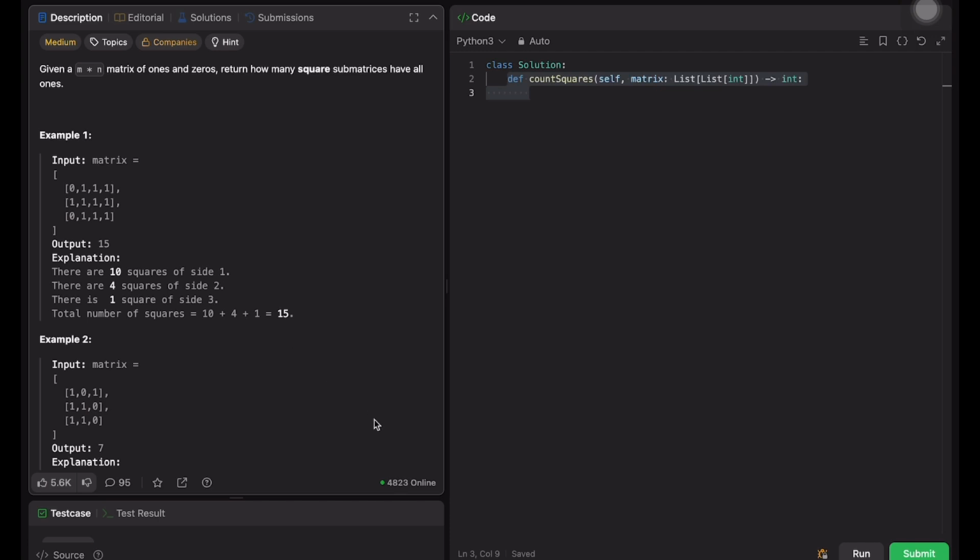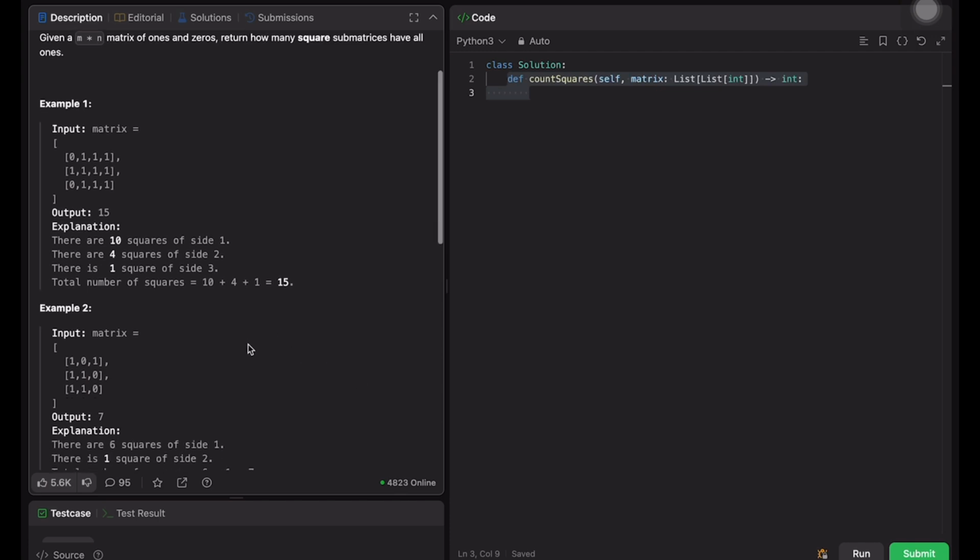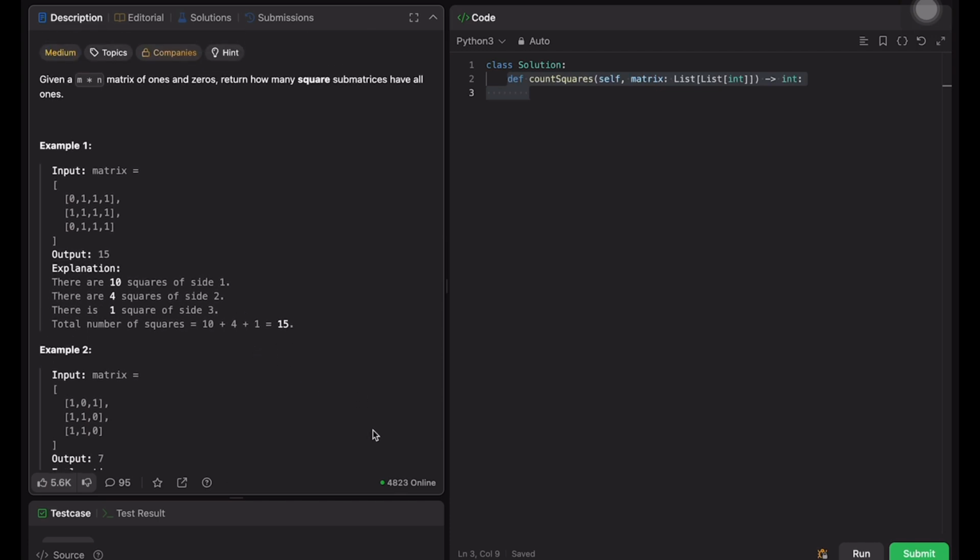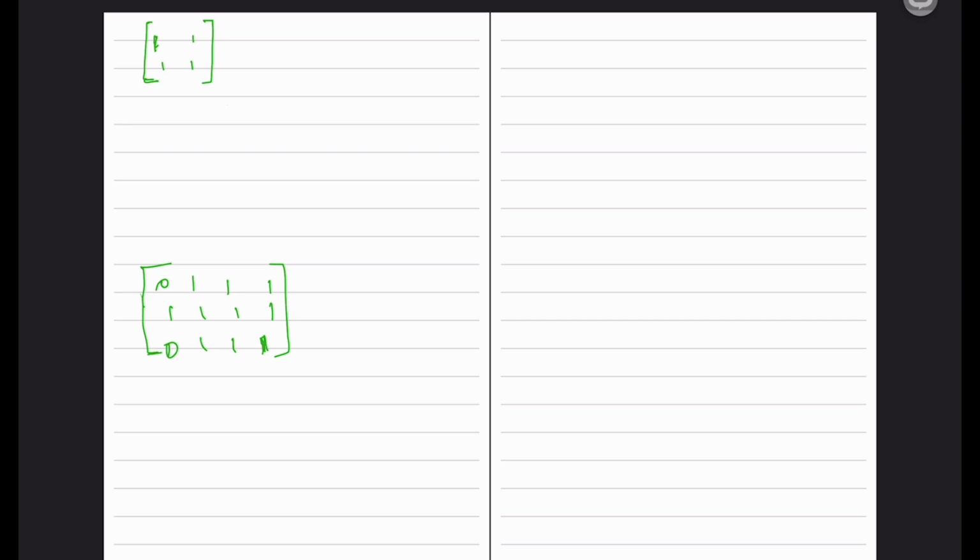Now just take a look at how we are going to figure it out and how we'll be counting those values. I have taken this as an example.